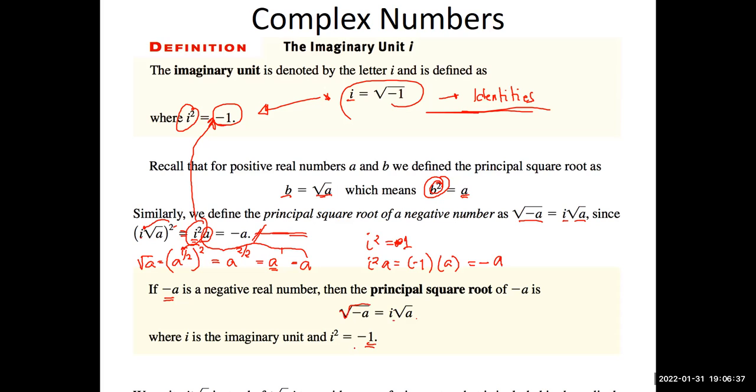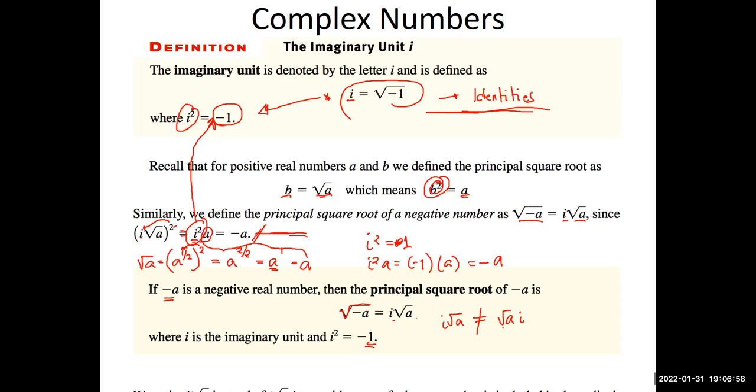And then we write I square root of A instead of the square root of A multiplied by I, to avoid confusion as to what is included in the radical.